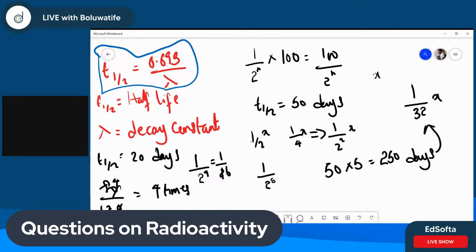Usually they give you the decay constant if they need you to solve it like this. If they want you to find the half-life, then they give you the decay constant.